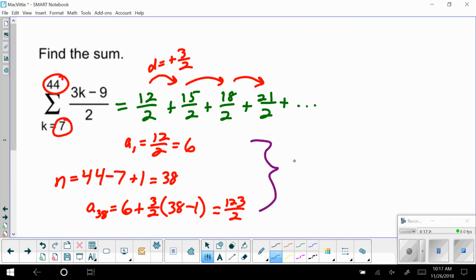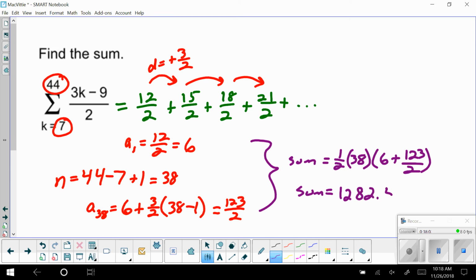So then from all of this, my sum is going to be 1/2 times n times my first term plus the 38th term, which gives me that the sum is going to equal, I guess I should actually go ahead and type this on the calculator to find out here. And 1,282.5.